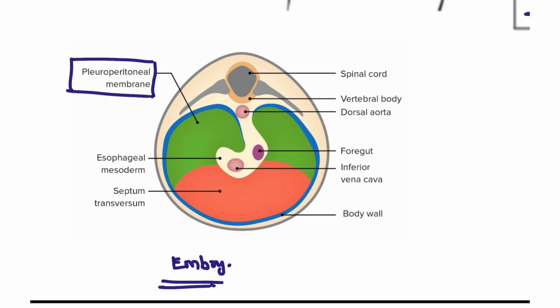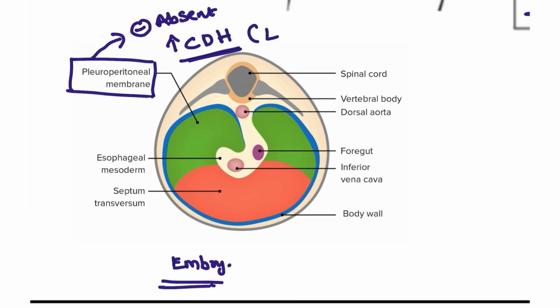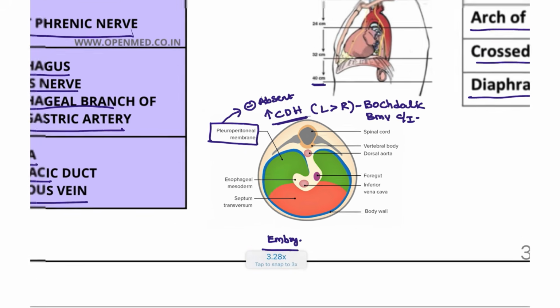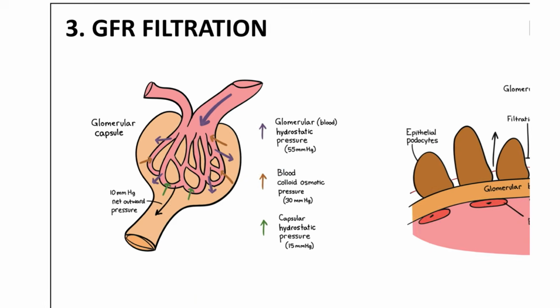Congenitally, if the patient has an absent pleuroperitoneal membrane, there is a high chance that they can develop CDH, congenital diaphragmatic hernia, and the most common is the left side, which is known as Bochdalek's hernia. Bag and mask ventilation is contraindicated in this patient. This is the important point about congenital diaphragmatic hernia and its defect.